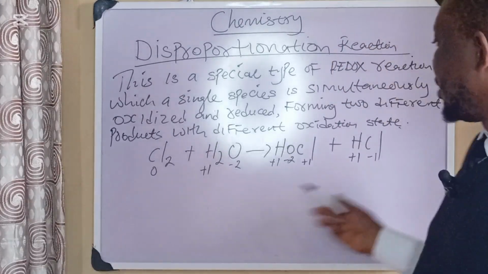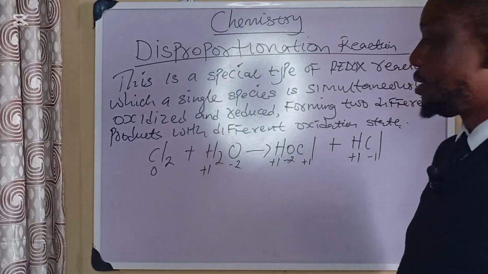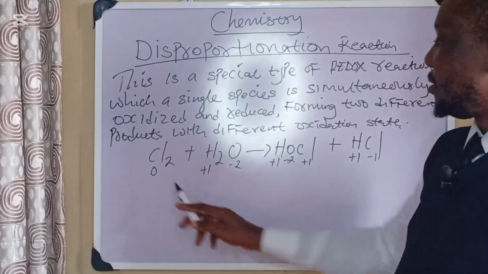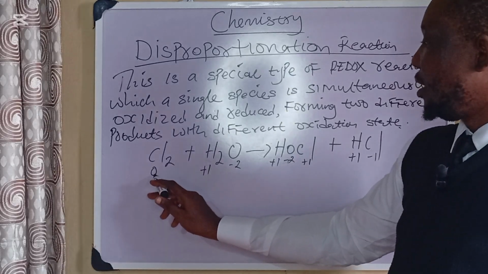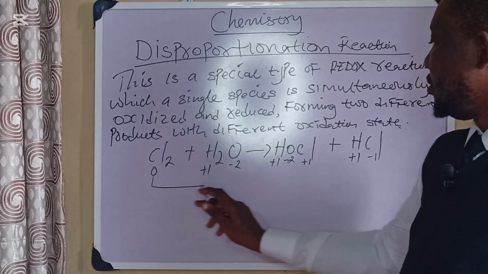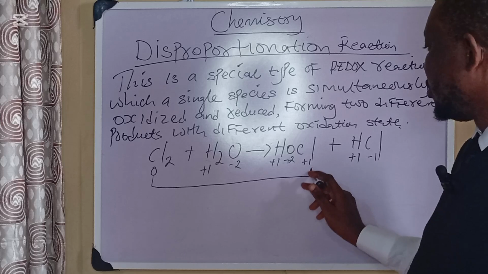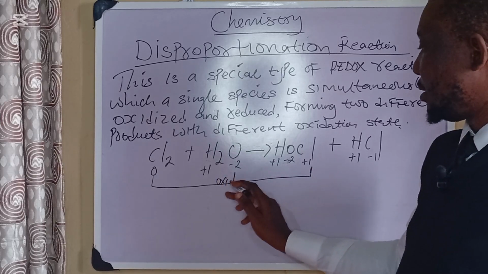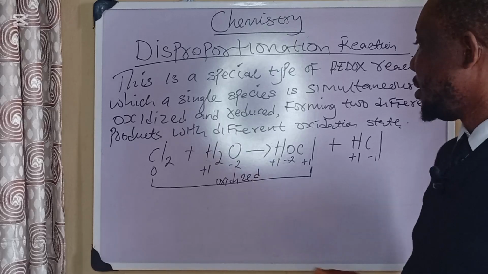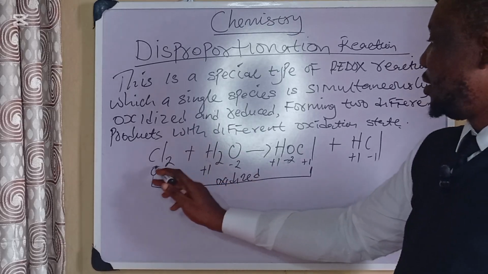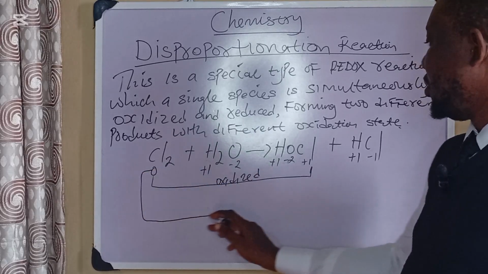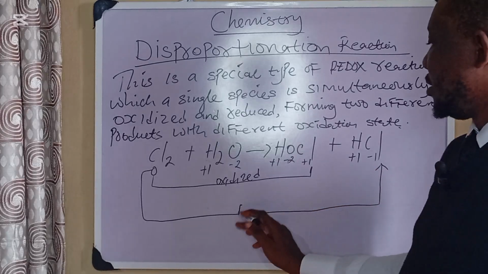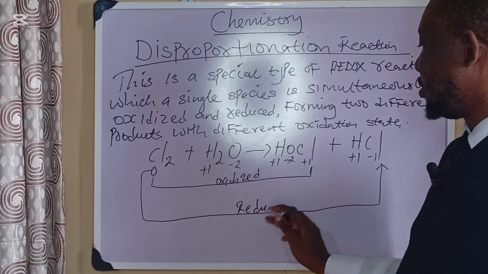Now if you look at these numbers for each individual atom, you will discover that the oxidation state of chlorine has changed from zero all the way to plus one, meaning that it's oxidized in the reaction. At the same time, the same chlorine that is zero, coming over here, has an oxidation state of minus one, meaning that it is reduced.